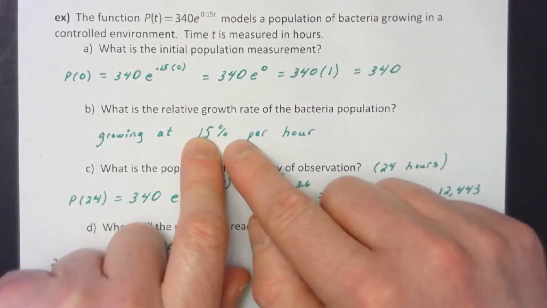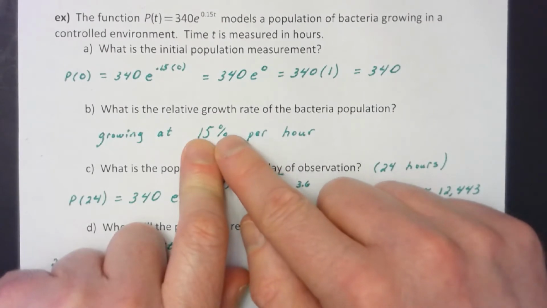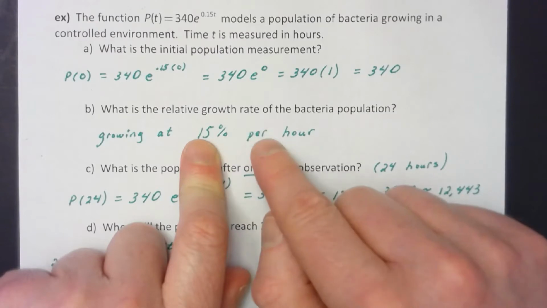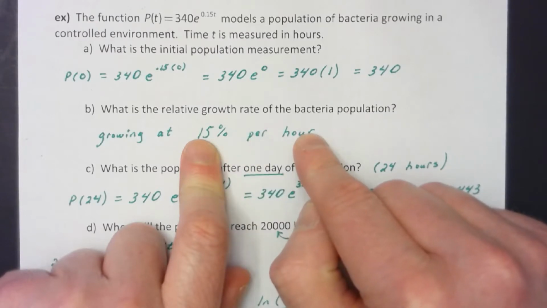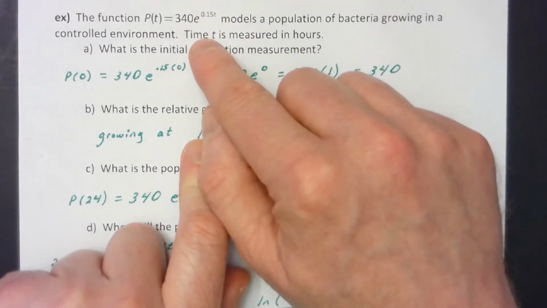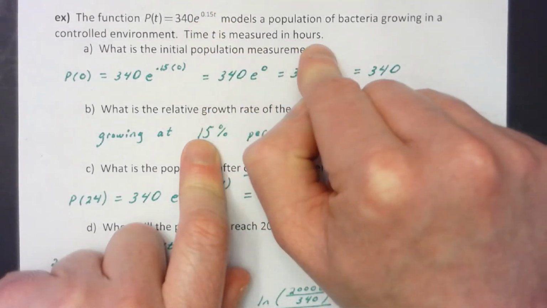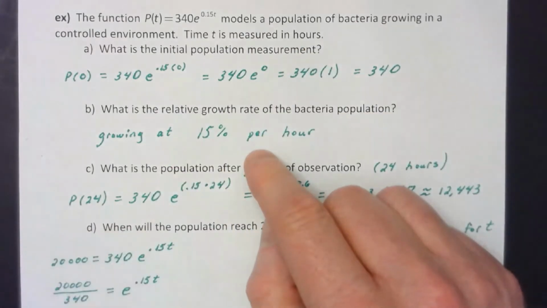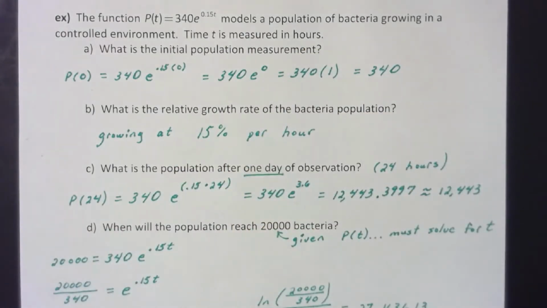So I can say, well, 0.15 represents 15%. Now, it's growing at a rate of 15%, and you must get this next part. How do I know it's growing at 15% per hour? Because it's 0.15 times t, and it specifically says t is measured in hours. So I know, hey, this growth rate is growing at a rate of 15% per hour.